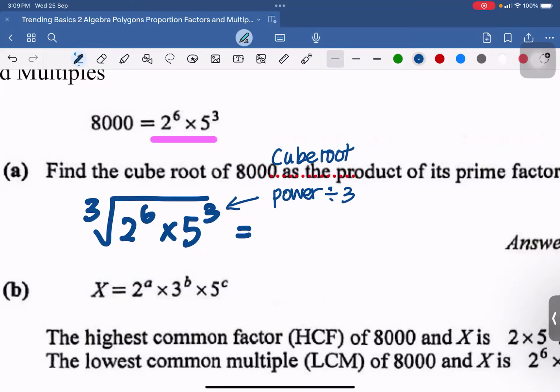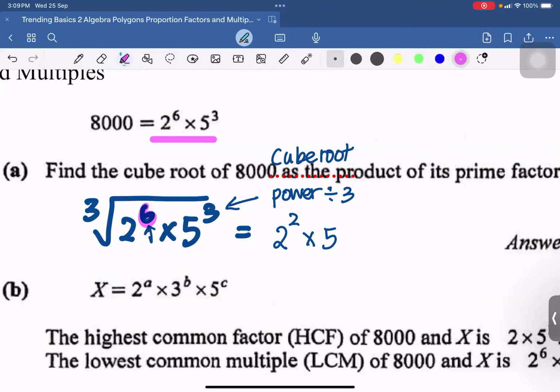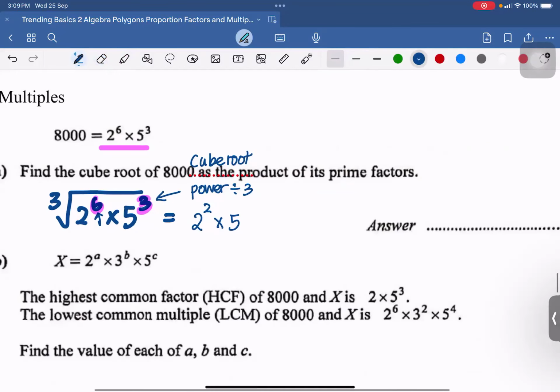That means this will be 2 to the power of 6 divided by 3, becoming the power 2, times 5 to the power of 3 divided by 3, leaving the power 1, which is actually no need to write. They say write the answer as a product of its prime factors: 2 squared times 5.